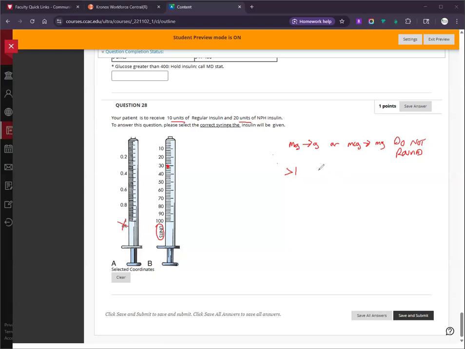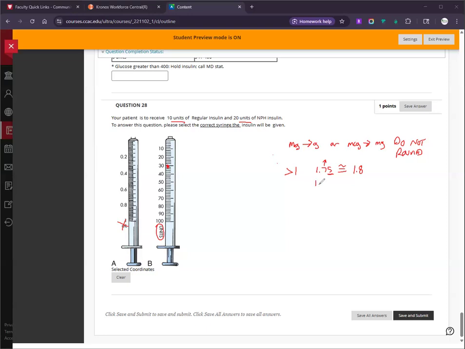Meaning, if my answer is 1.75, I'm going to round that answer to 1.8. So I look at the number in the hundredths place and decide either round up or don't round. In this instance, 1.75 rounds up to 1.8.